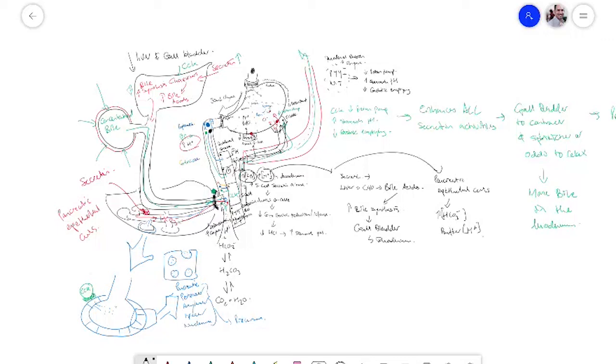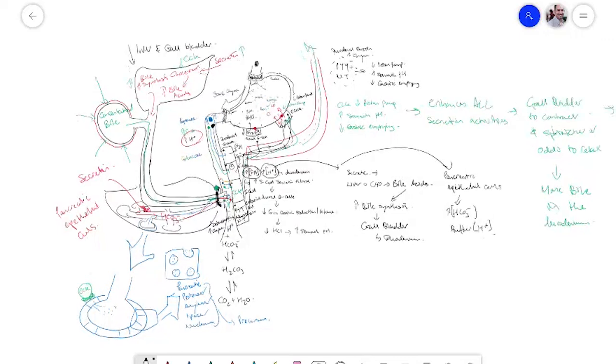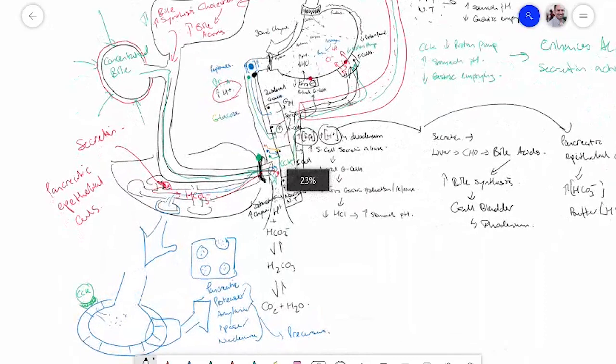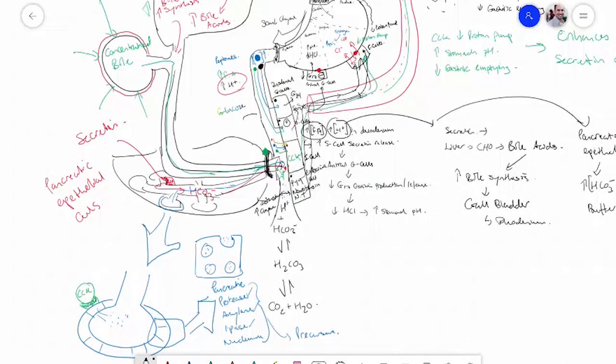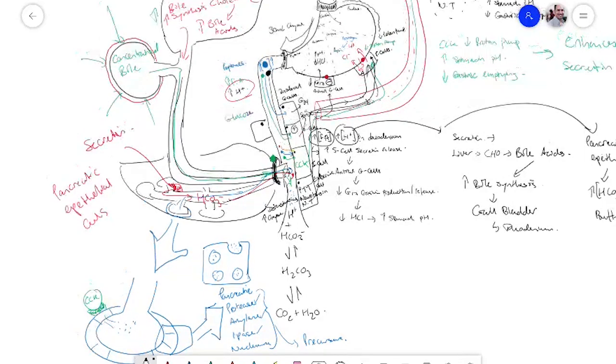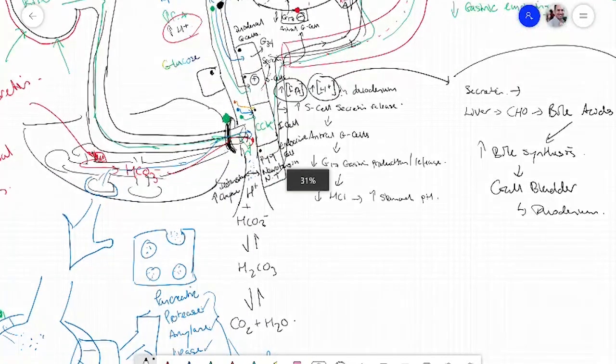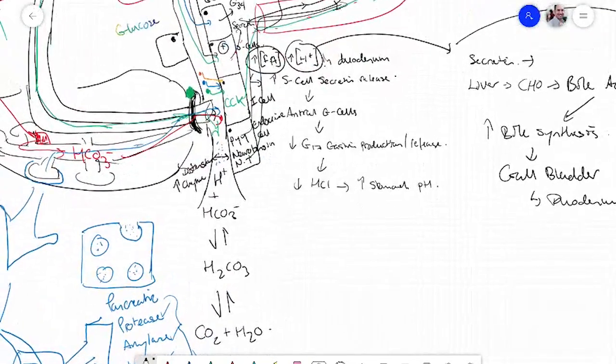Right. I'm going to draw this one over here, just because of what it does. I'm not doing that for any particular reason. It's just where I'm putting it. Right. This chap is an enteroendocrine K cell.